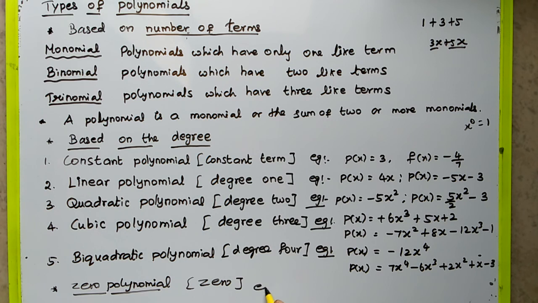In case example, p of x equal to 0 is called zero polynomial, or p of x equal to 0x square minus 5x minus 0x minus 0x. So here 0, if you multiply 0 into anything it is 0, so the answer is 0 only. So the main point is zero polynomial, the result is 0. A polynomial having all coefficients equal to 0 is called zero polynomial.